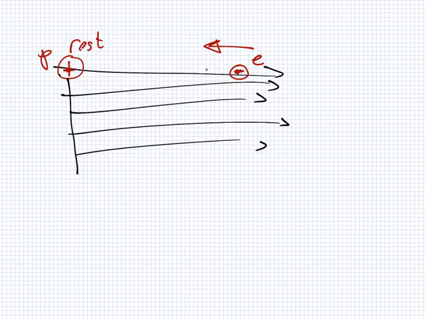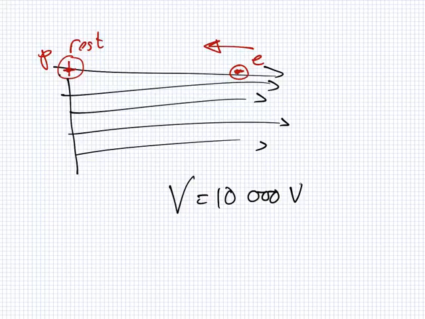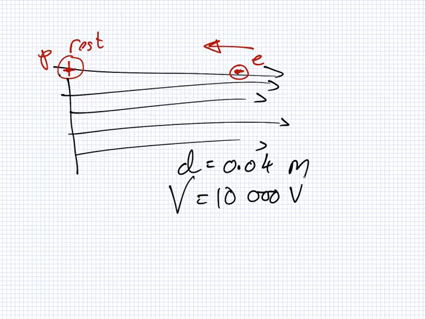It's 10 kilovolts, and the distance is 0.04 meters. So the first thing I want to know is how fast will the electron hit the plate?